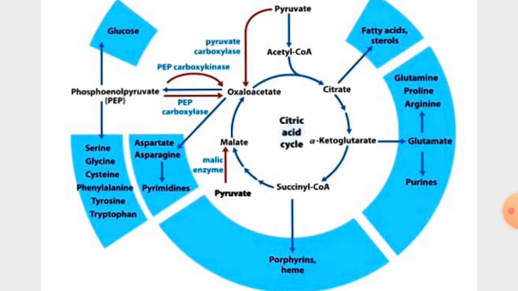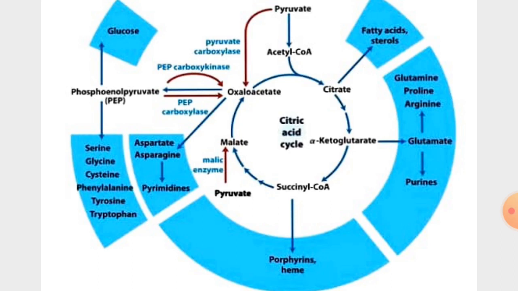Here the citrate, in some living organisms, we isolate for commercial uses, for the production of fatty acids and sterols. And alpha ketoglutarate is generally responsible for the synthesis of the amino acid glutamate.